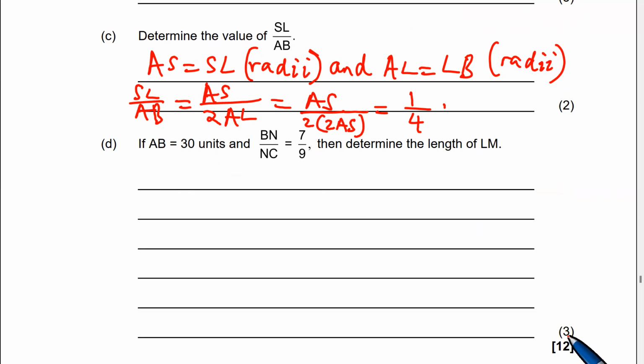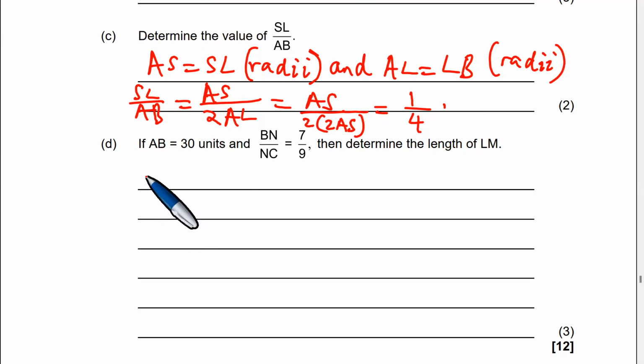So let's just get the marks. At this point, they're telling us that AB is equal to 30 units. But it's like saying we already know much about this diagram. So we know that AL equals LB. AB is 30 units, from which we can get LB.